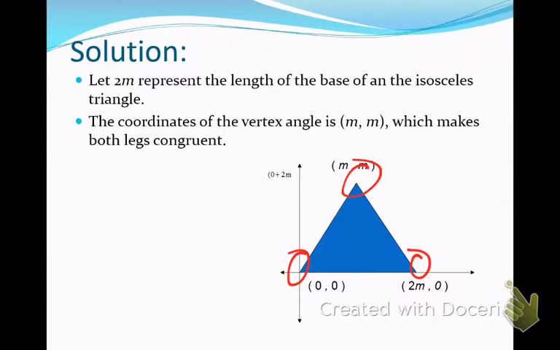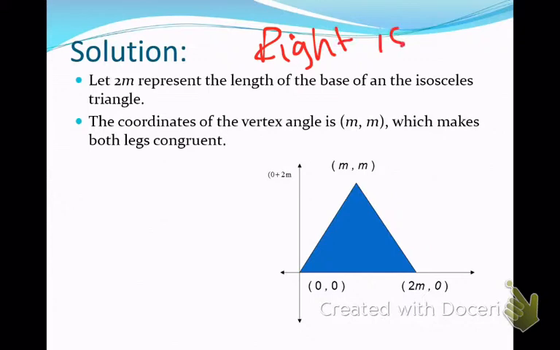And the idea behind that is so that we can generalize this to any triangle of this particular shape. Okay? Here's what we want to know. We want to prove that this is a right isosceles triangle. Okay?